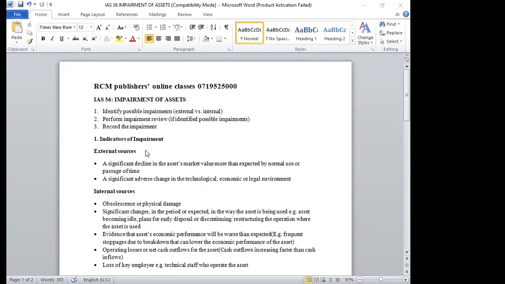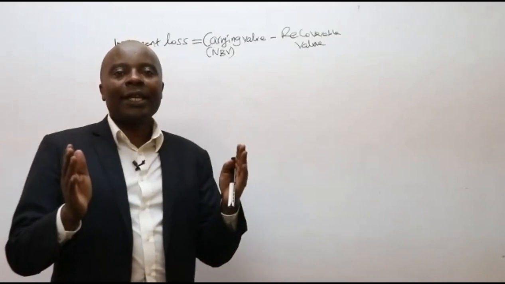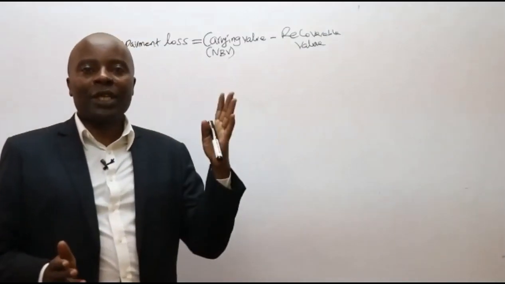So indicators of impairment from your syllabus, they want us to discuss what we call external sources and internal sources. So external sources, two of them, when there is a significant decline in the asset's market value. Ladies and gentlemen, you have bought an asset, say for 3 million Kenya shillings.